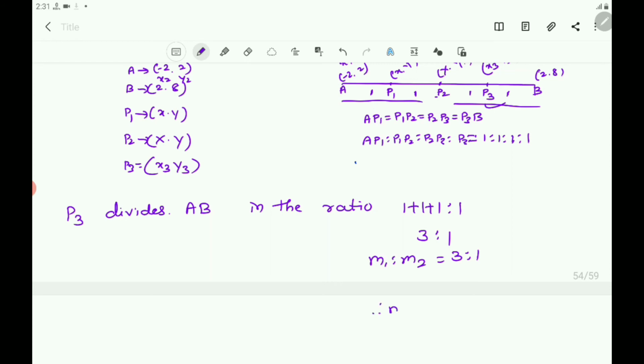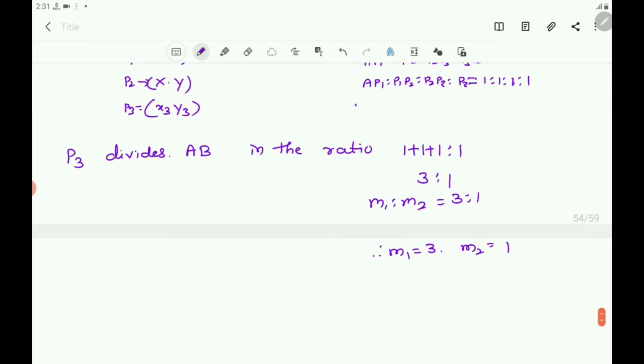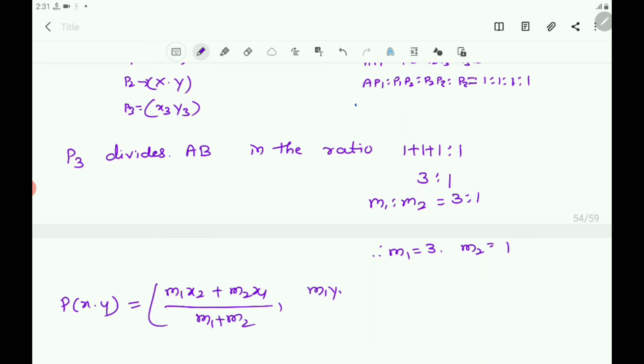Therefore m1 equals 3, m2 equals 1. Then you write the section formula for P3. You write P of x, y equals m1 x2 plus m2 x1 by m1 plus m2 and m1 y2 plus m2 y1 by m1 plus m2.